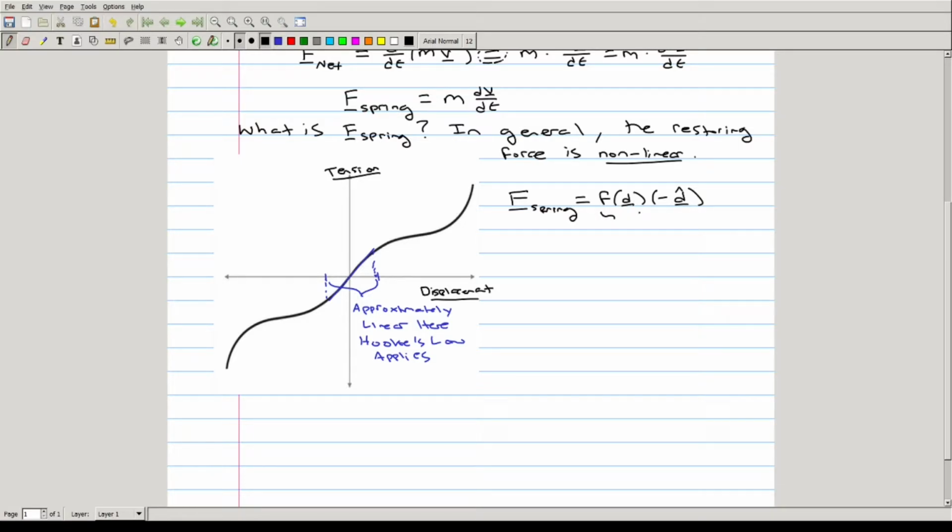This is just the magnitude of the spring force, and this is the direction of the spring force.